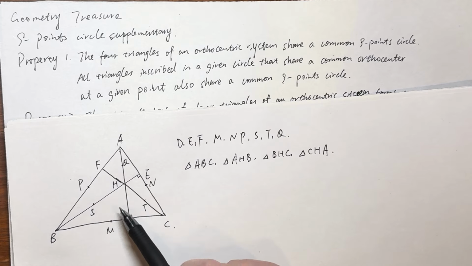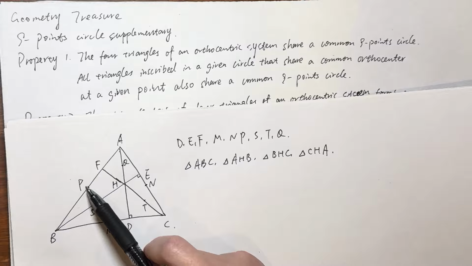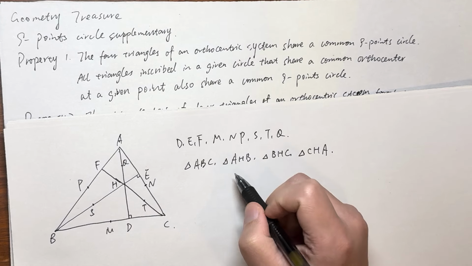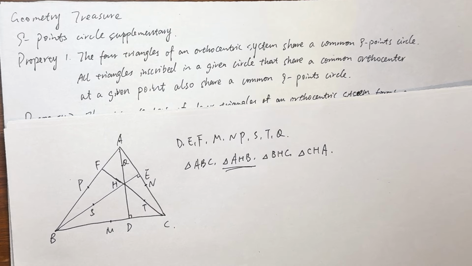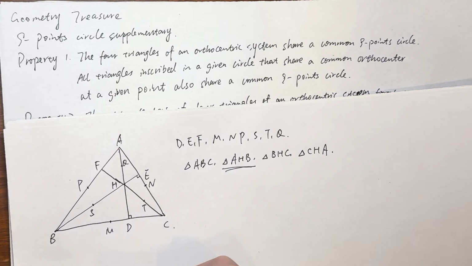It's the circle FQENTDMSP, right? What about the 9-point circle of the triangle AHB? We already know that the 9-point circle is a circumcircle of the midpoint triangle, right?